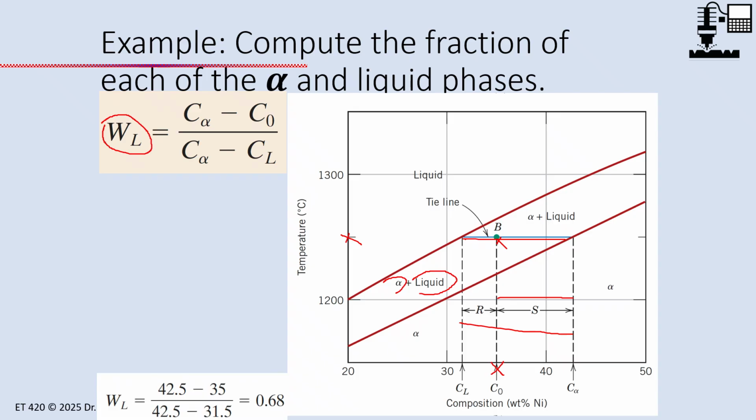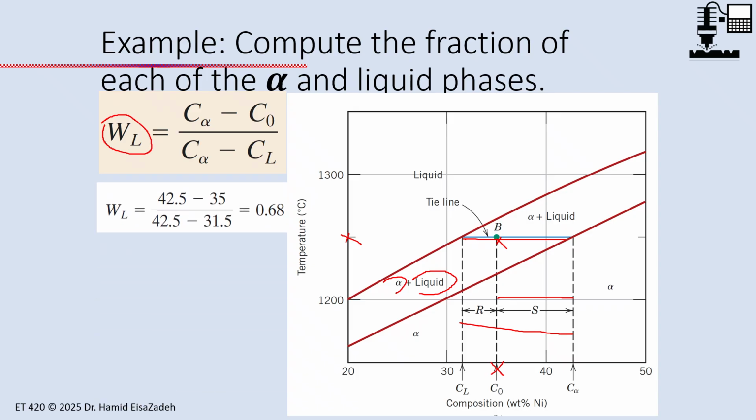Then if you do that, you can calculate the portion of liquid phase. And similarly, we can do it for the other phase, which is alpha. We have to calculate this portion and divide it by this portion, which is this equation.